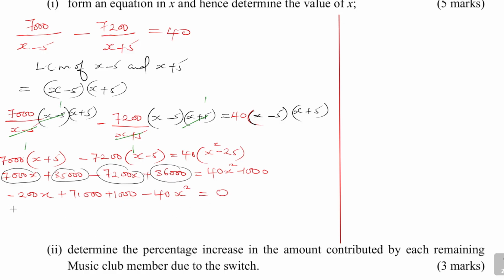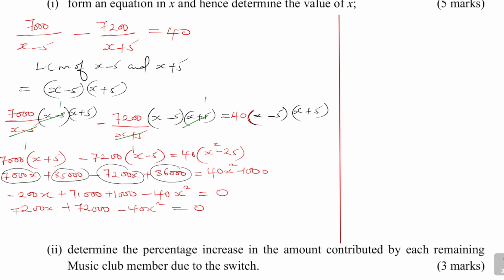So this will simplify to negative 200x plus 72,000 then minus 40x squared. So you can see this one is forming a quadratic equation, so you can reorganize these to form a standard quadratic equation.